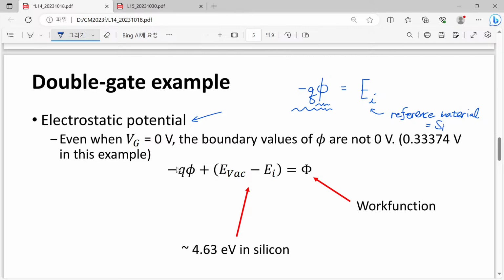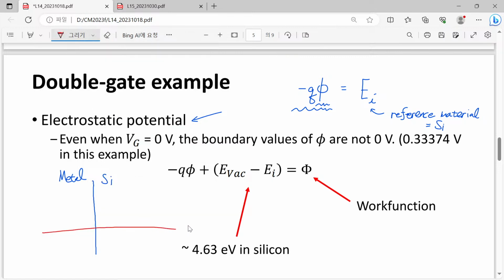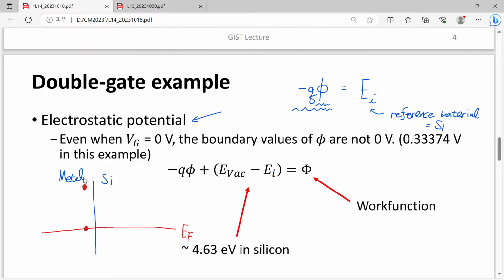So now think about this case. If we have, for example, silicon and metal, then consider the equilibrium case. In this equilibrium case, we can define the Fermi level and the Fermi level, and we may have vacuum level, the level where our electrons are no longer confined in this metal system.